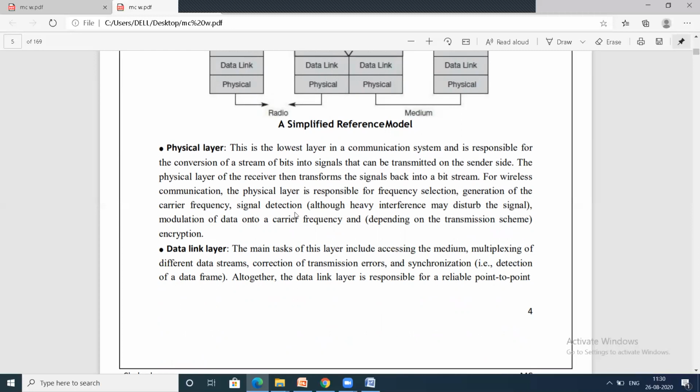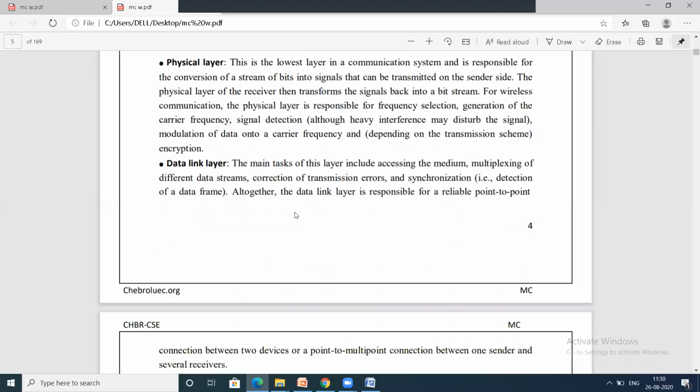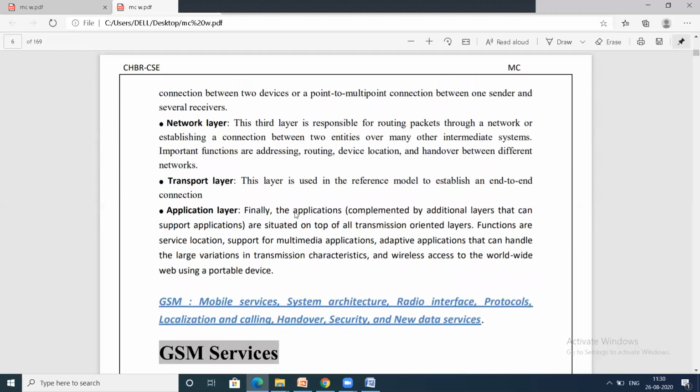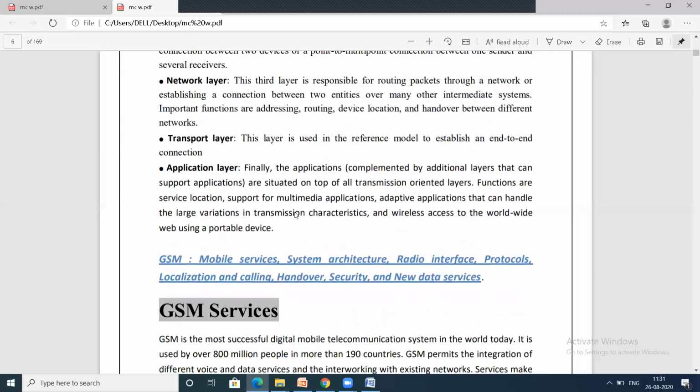Already we discussed in the OSI model, in computer networks, the TCP/IP model, the reference model, and everywhere, the same responsibilities: physical layer, data link layer, network layer, transport layer, and application layer. These are the layers we are going to discuss in a simplified reference model in mobile communication.